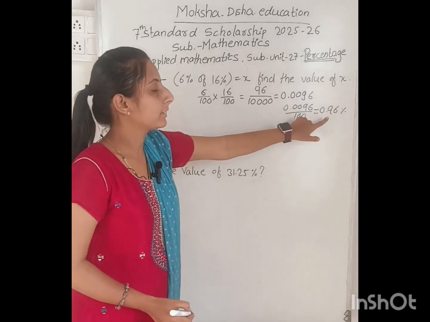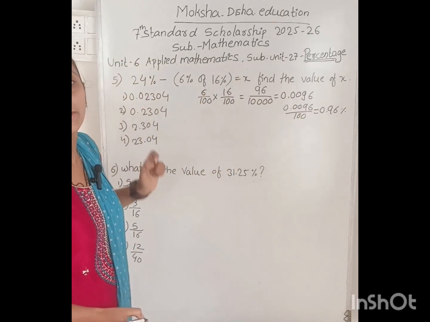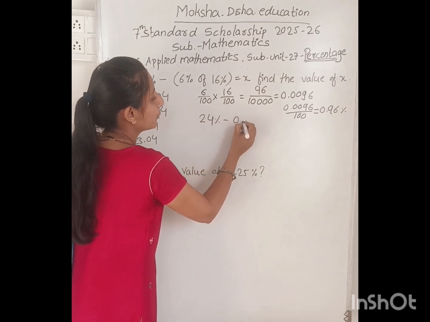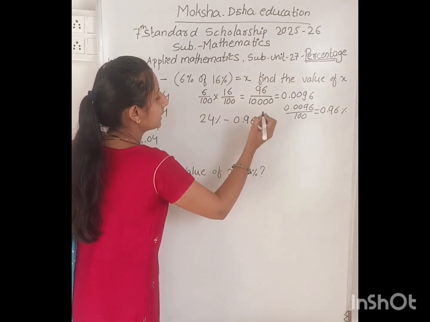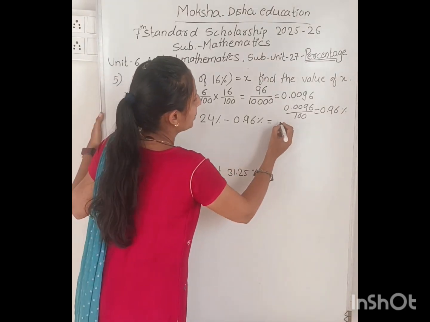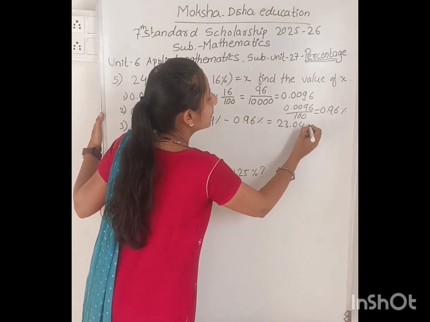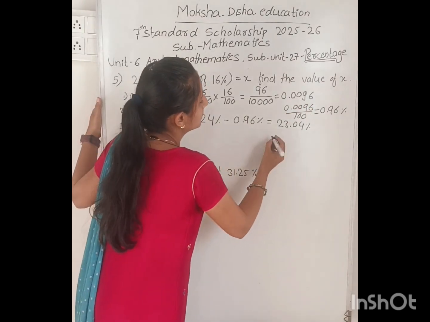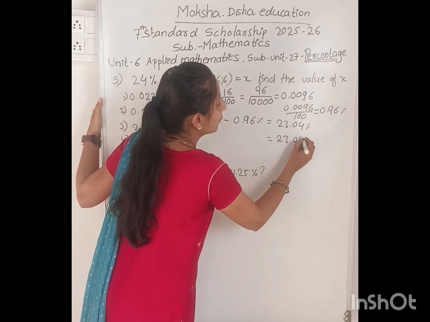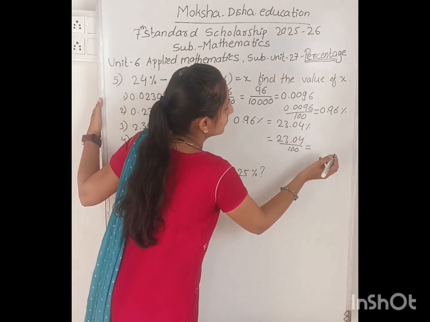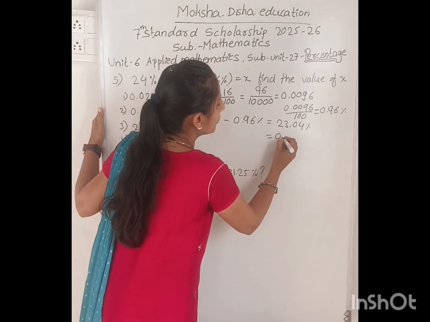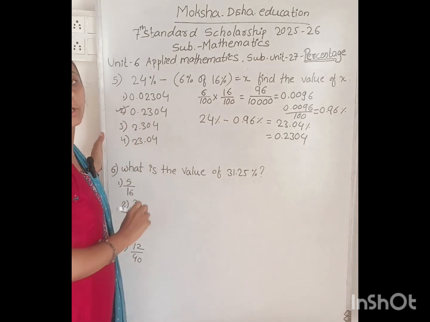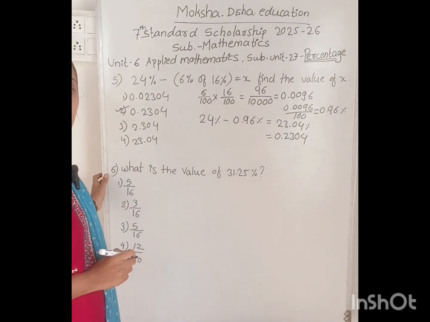Now we will subtract this 0.96% from this 24%. 24% minus 0.96% is equals to 23.04%, and to convert this, 23.04 upon 100 is equals to 0.2304. So the option number 2, 0.2304.